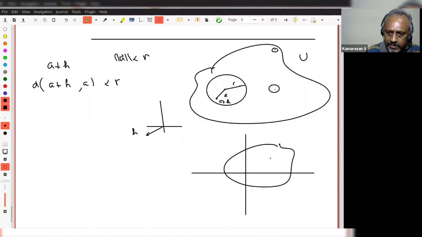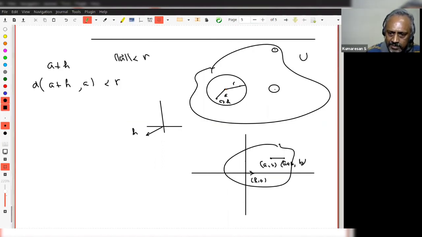If you have a problem, look at R2. Okay, I have a vector A. My H is going to be, let us say, H comma 0. This is the vector. Then this is A comma B. Therefore, this will be A plus H comma B. Do you understand this?